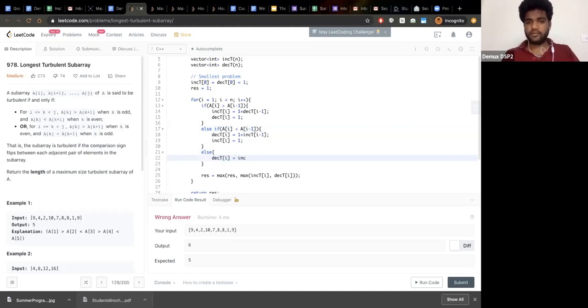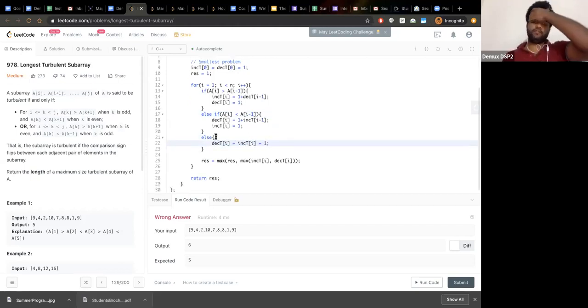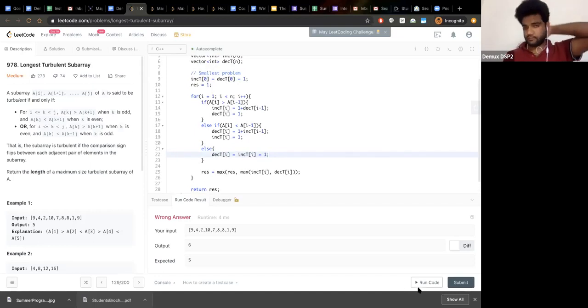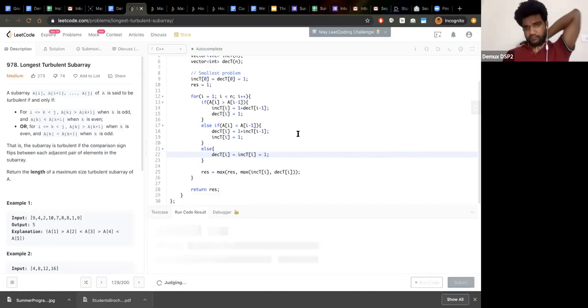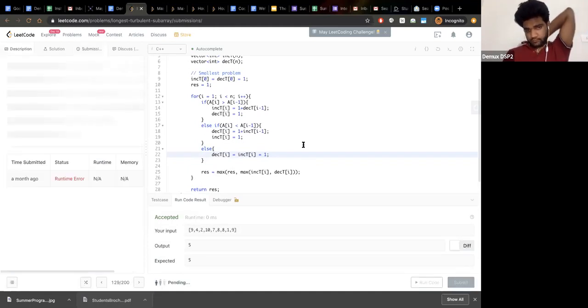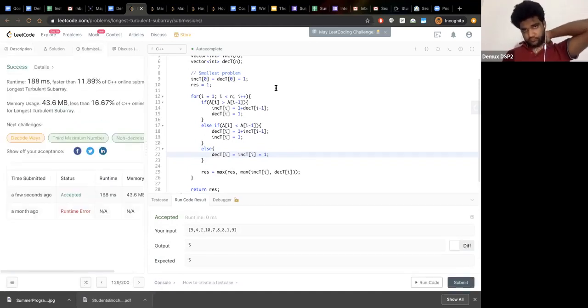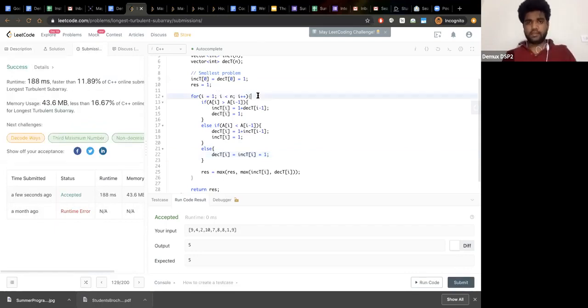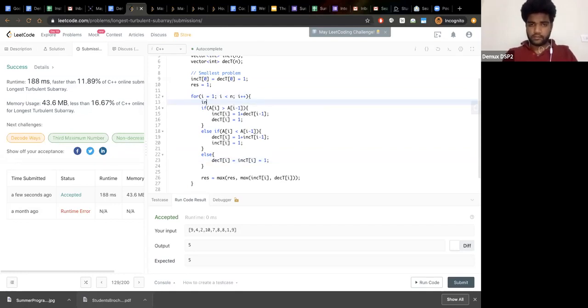You could make this code cleaner. For the equality case, it will be 1, right? So you can actually make this cleaner in this way.